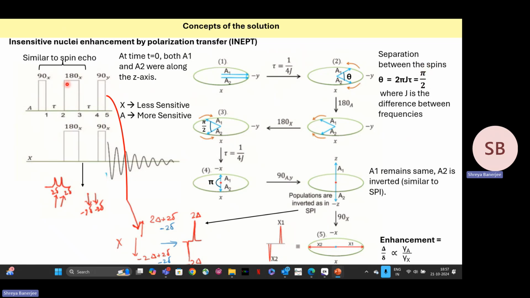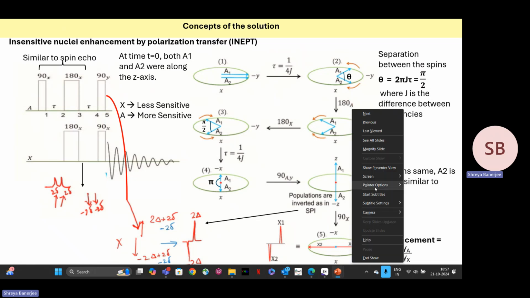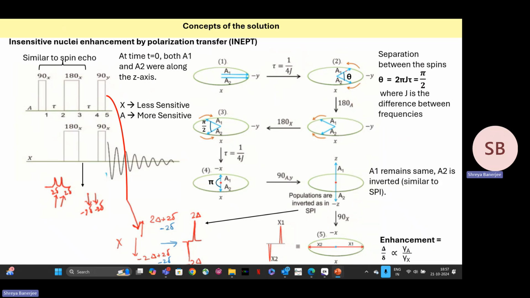After this, a 180x pulse is applied on A, and what this will do is flip A1 to this side and also flip A2 to this side. So now A1 and A2 are in the opposite direction. The 180-degree pulse is simultaneously also applied on X, the X channel.